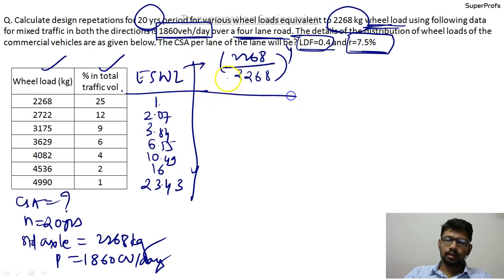So the equivalent commercial vehicles per day comes out to be summation FiNi. Please find out the FiNi values.